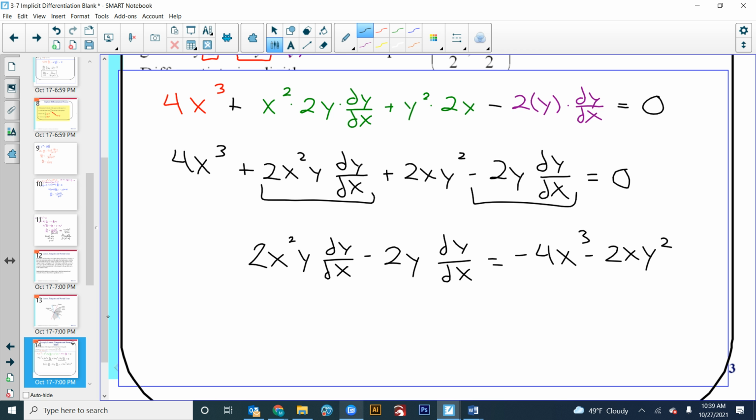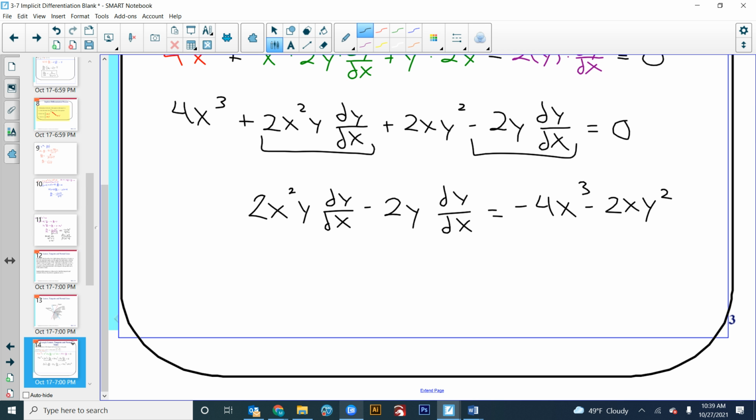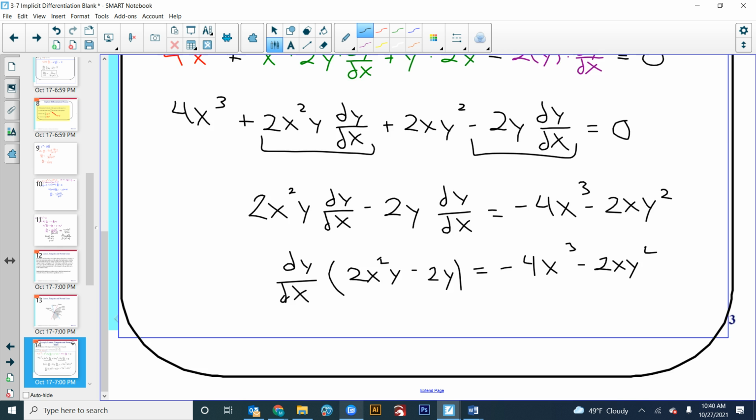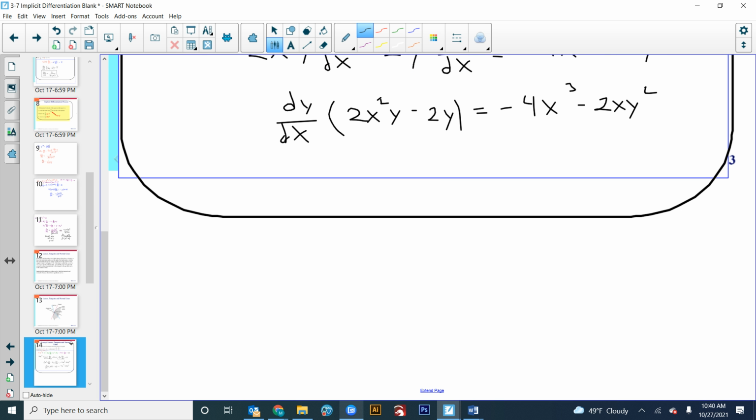Step 3 is to factor out dy dx. That's why we collected them all on one side. Got this all done? Yeah.